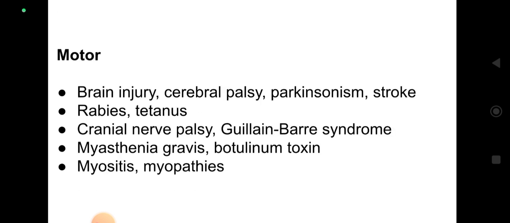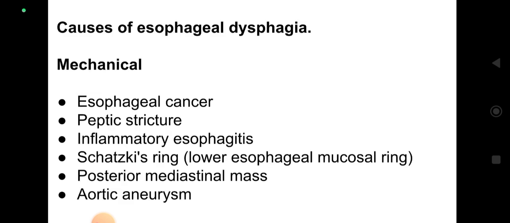Motor causes are brain injury, cerebral palsy, Parkinsonism, stroke, rabies, tetanus, cranial nerve palsy, Guillain-Barré syndrome, myasthenia gravis, botulinum toxin, myositis, and myopathies.